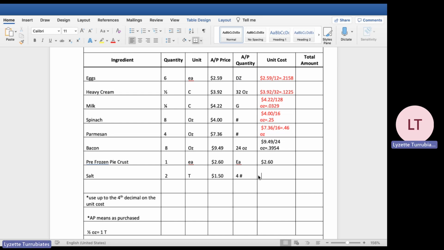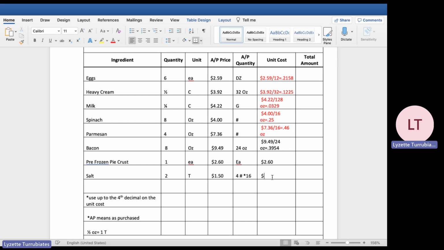Okay, salt. So there are 16 ounces in a pound. So here I have to do a little bit more math because I'm going to be multiplying each pound by 16 ounces because I have 4 of them. So that's going to give me 16 times 4 is 64.